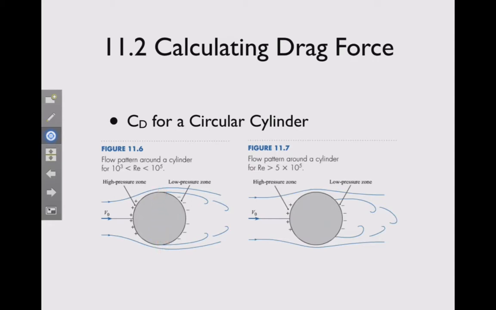But when we go to high Reynolds number, this separation area pulls around to the back. This low pressure zone is much smaller and is confined to a smaller region in the back of the cylinder. This graph is for about 5 times 10 to the 5, about 500,000. And so this area of flow separation away from the object influences the drag, as we might expect.